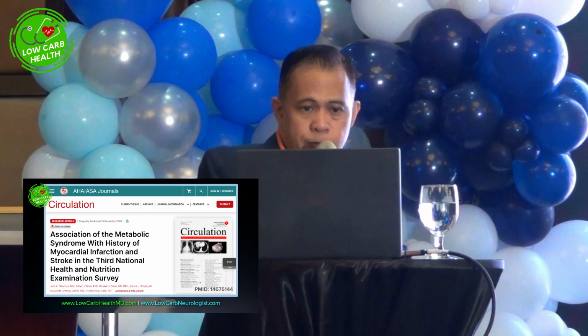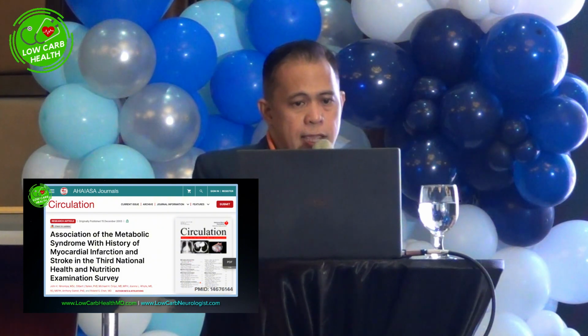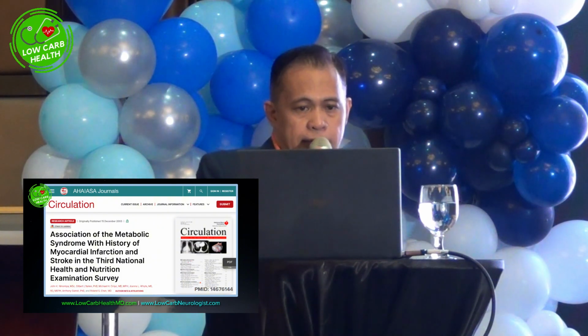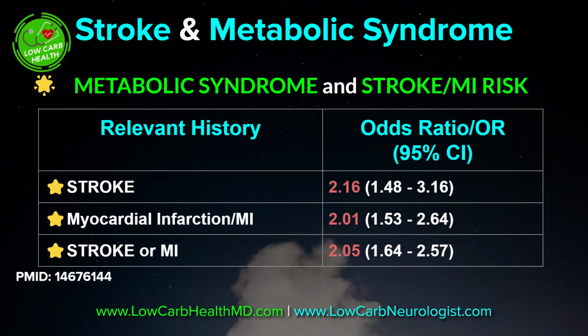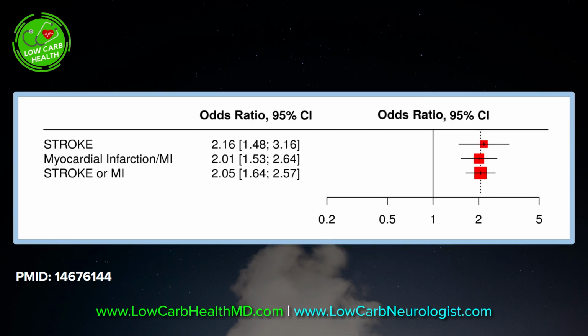In this paper, it is nicely illustrated what the odds ratio is of developing stroke, MI, or both stroke and MI when you have metabolic syndrome. It's very high, more than 2 times. And if we show this in the forest plot, it really is significant.